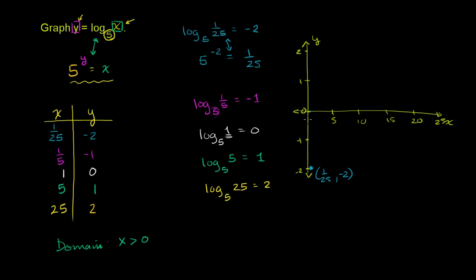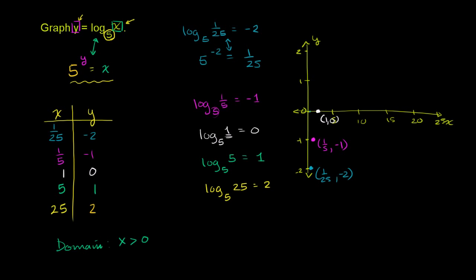Then when x is 1/5, which is slightly further to the right, y is -1. So right over there. So this is 1/5, -1. And then when x is 1, y is 0. So 1 might be right there. So this is the point 1, 0.